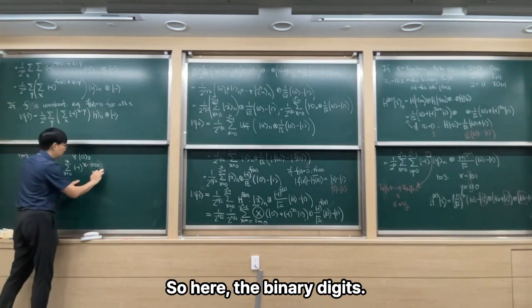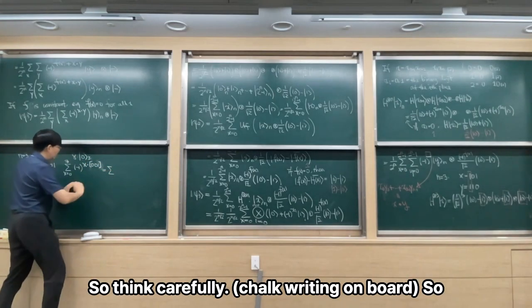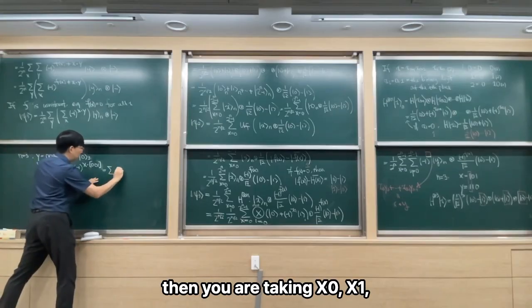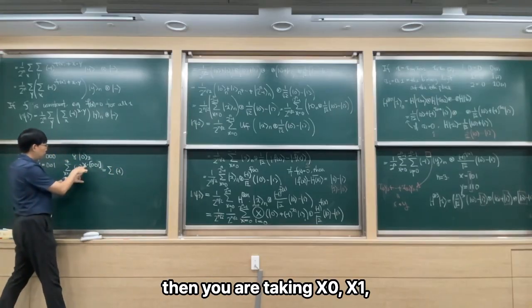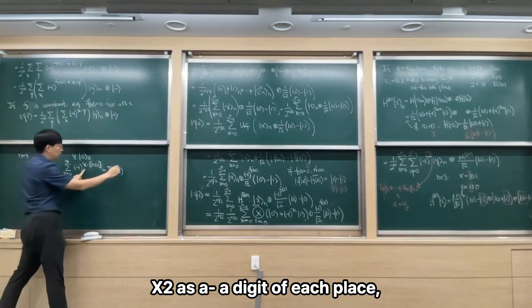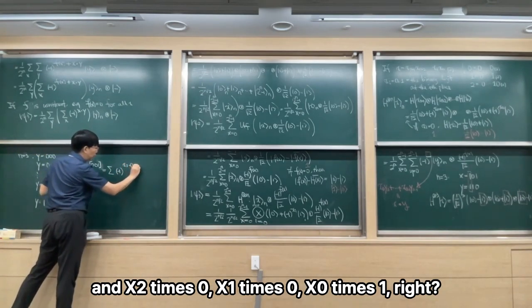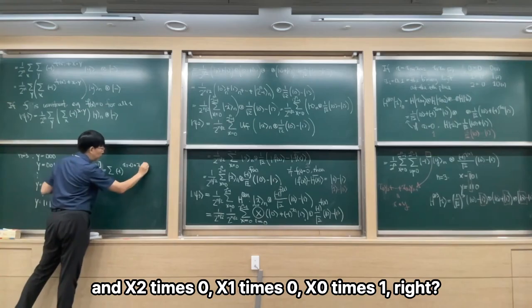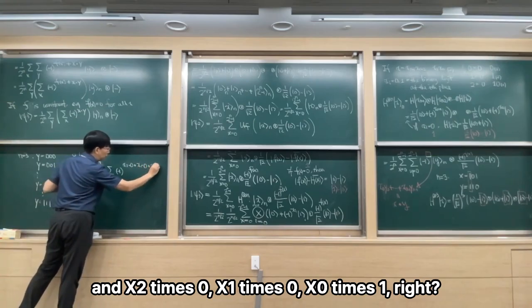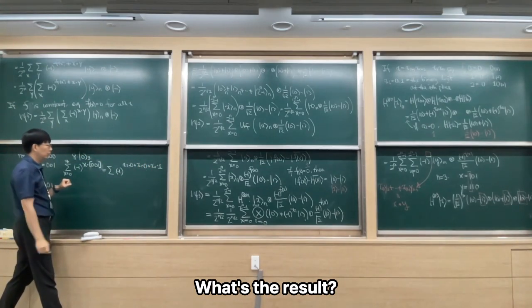So here, the binary digits. So think carefully. So if you do that, then you are taking x0, x1, x2 as the digits of each place, and x2 times 0, x1 times 0, x0 times 1, right? What's the result?